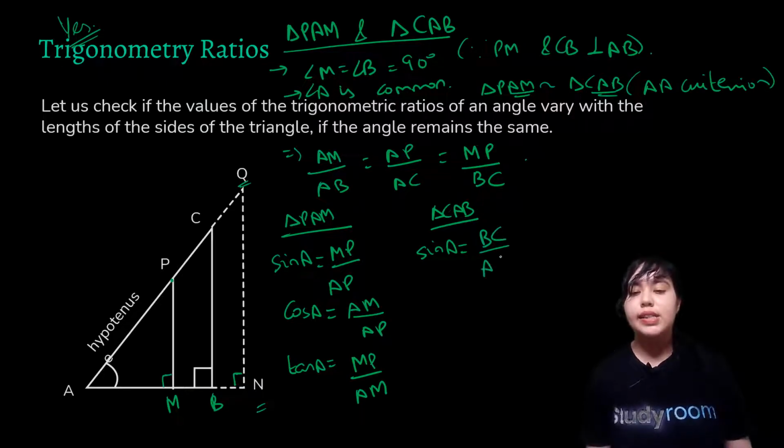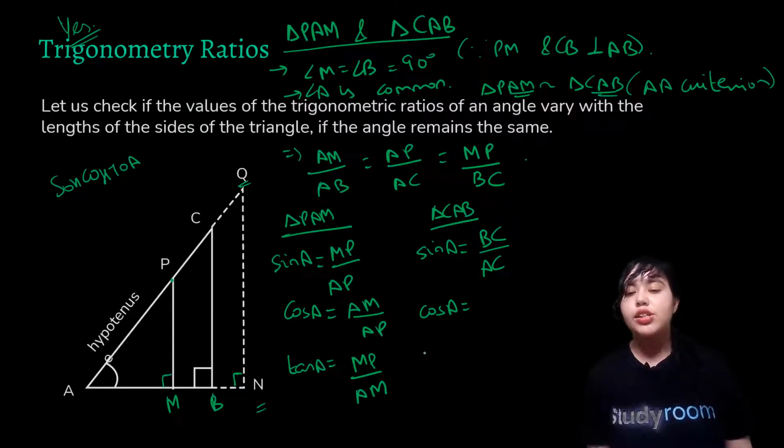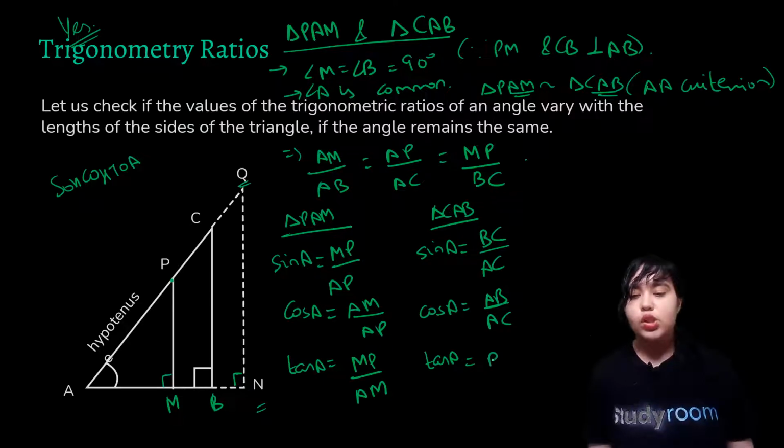It is AC. Now similarly, making use of the formulas through SOH, CAH, TOA, you will be able to get cos A and tan A, and it's your work now to verify answers with me. So cos A should be AB upon AC and tan A should be BC upon AB.